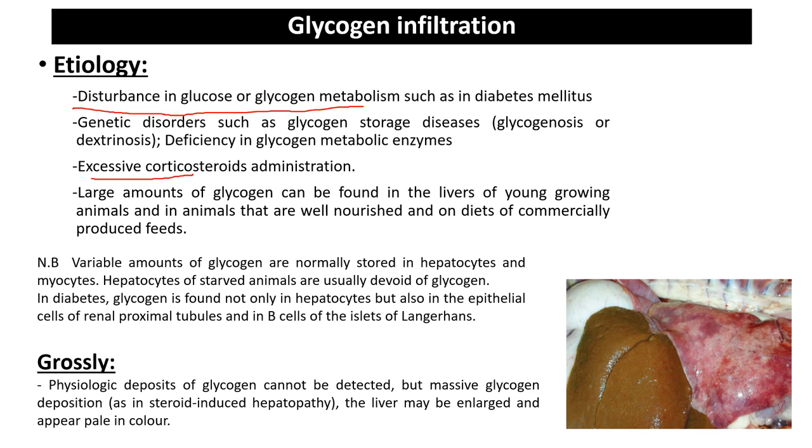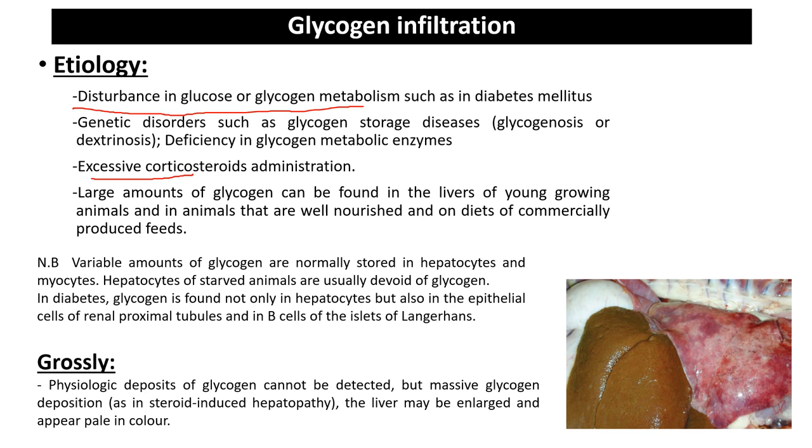Normally, glycogen should be increased in young growing animals, and animals in that condition are reflected by well nourishment. Basically, the animals that have more glycogen means they are well nourished.